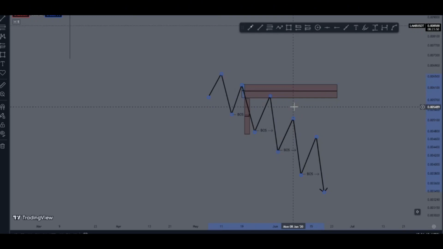Now, in supply zones, just imagine setting your trade like a demand zone, but the opposite way. So your entry is going to be from here, from the bottom of the zone. Your stop loss, let me check something.